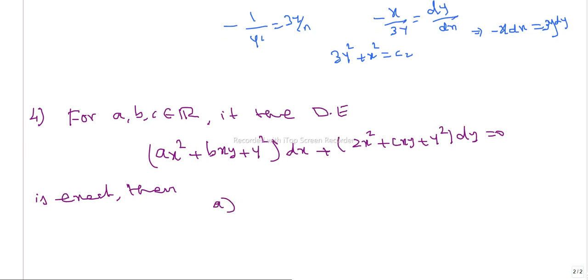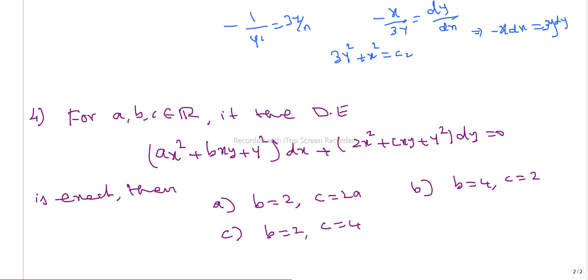The first option, b equal to 2, c equal to 2a. The second option, b equal to 4, c equal to 2. The third option, b is 2, c is 4. And the last option, b equal to 2, a equal to 2c.